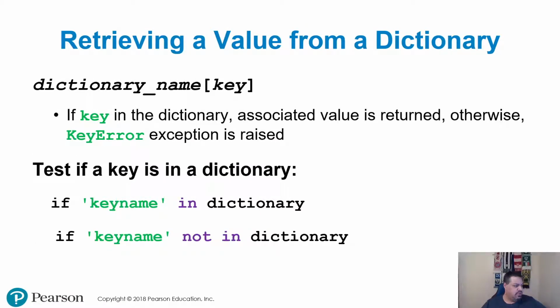So how do we do this? Well, you've got a variable name that's associated with a dictionary. So dictionary underscore name, bracket, key. Oh, wait, I thought you said we had curly braces. We do have curly braces when we're defining it for the first time. When you want a specific value, you use that square bracket notation.